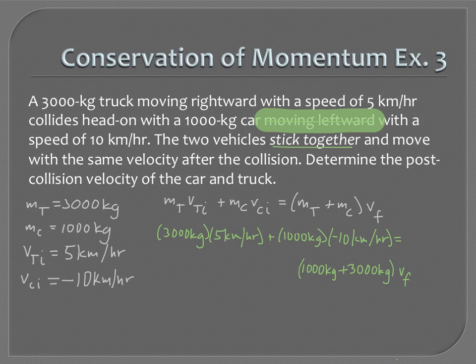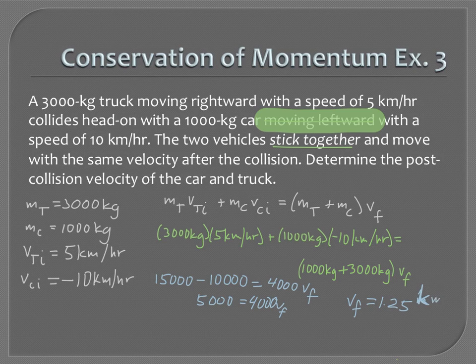Different color. 3,000 times 5 is 15,000, minus 10 times 1,000 is minus 10,000, equals 1,000 plus 3,000, that's 4,000 VF. 15,000 minus 10,000 gets you 5,000 equals 4,000 VF. 5,000 divided by 4,000, then you get that VF is finally equal to 1.25, not meters, 1.25 kilometers per hour.